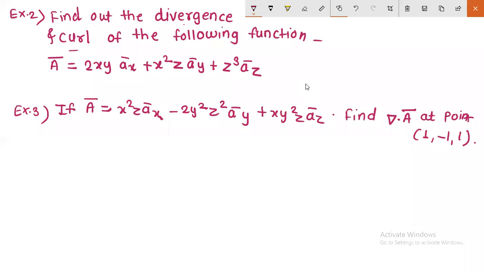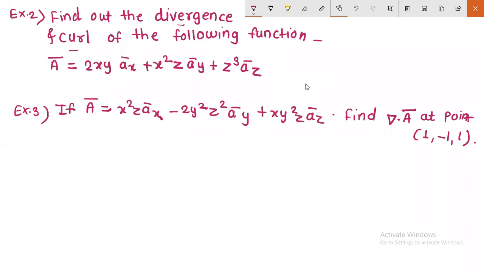Here you have to solve these two examples. Divergence and curl means dot and cross product, that is, del dot a bar and del cross a bar you have to find.